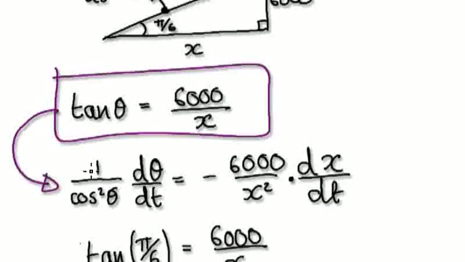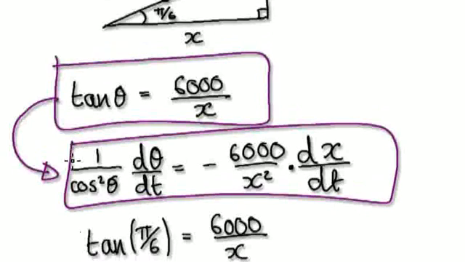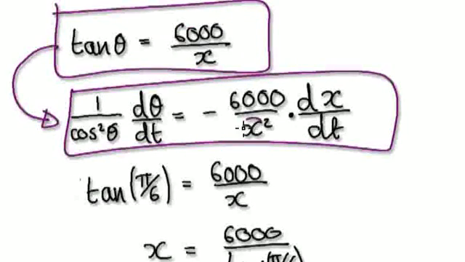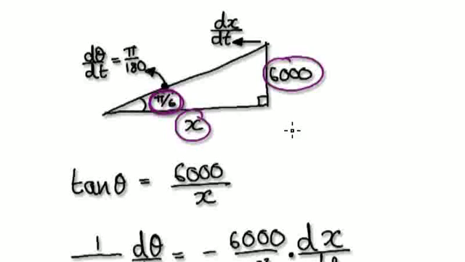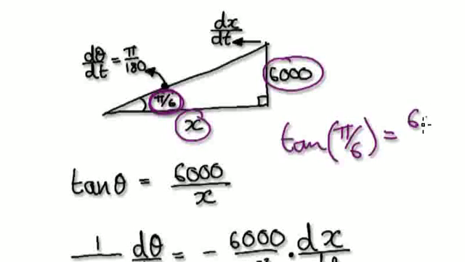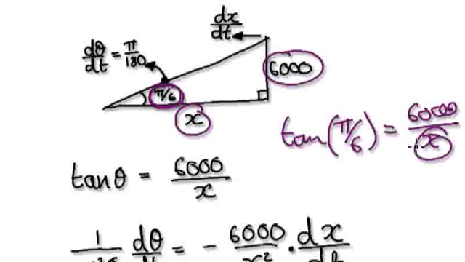Use implicit differentiation, that will take you to this, and then at that precise moment in time we need to put an x into here. So we need to find x. At this precise moment in time, this will be 6,000 and the angle will be pi over 6. So tan of this angle, pi over 6, equals 6,000 over x. Now we can just rearrange it to work out x.